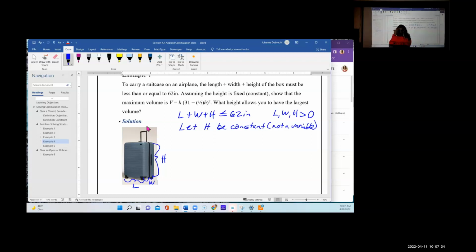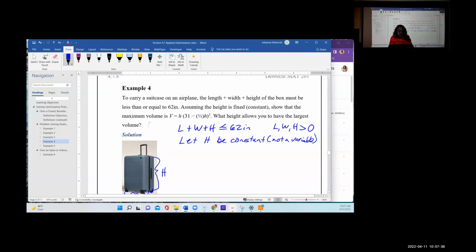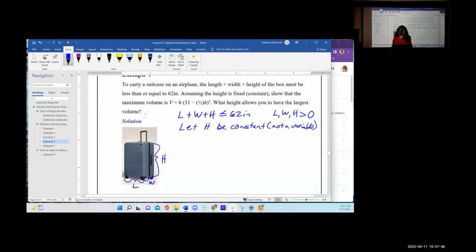All right. Now, if I'm looking at this problem again, then I want to set up my equation. So largest volume means to maximize. Now, I know that my length and width and height have to add up to be less than 62 inches. And I know that individually, they have to be greater than 0.